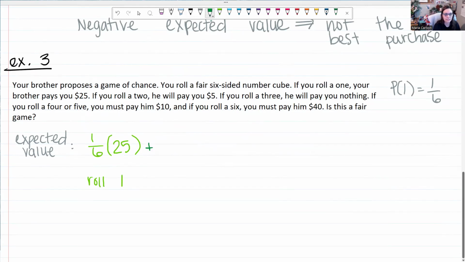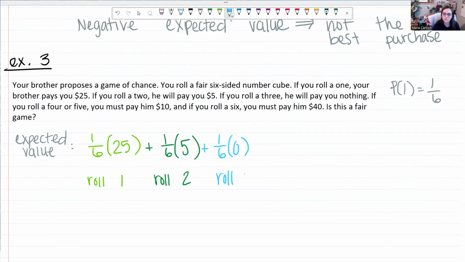All right, next. If I roll a 2, there's a 1 in 6 chance, and my outcome there is that he's going to pay me $5. Now if I roll a 3, there's a 1 in 6 chance of that. He pays me nothing, so that's $0.